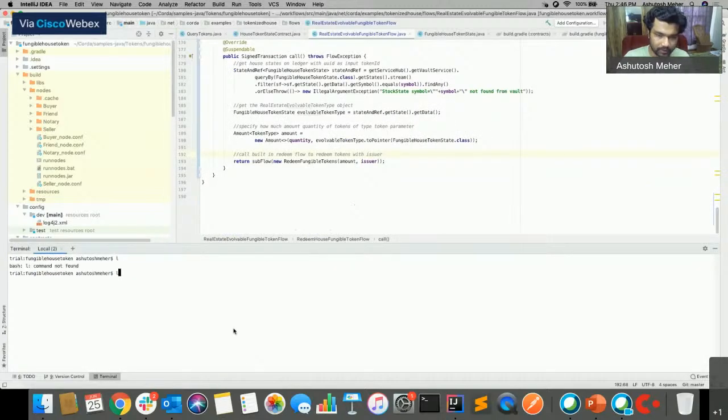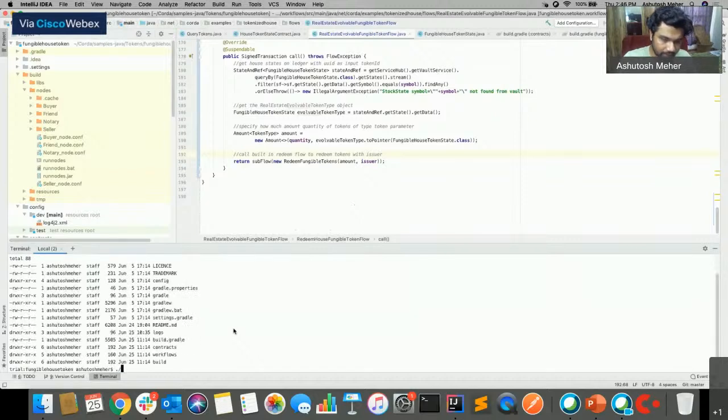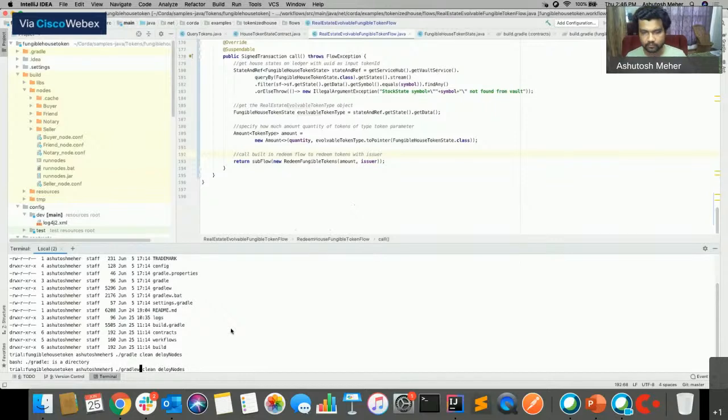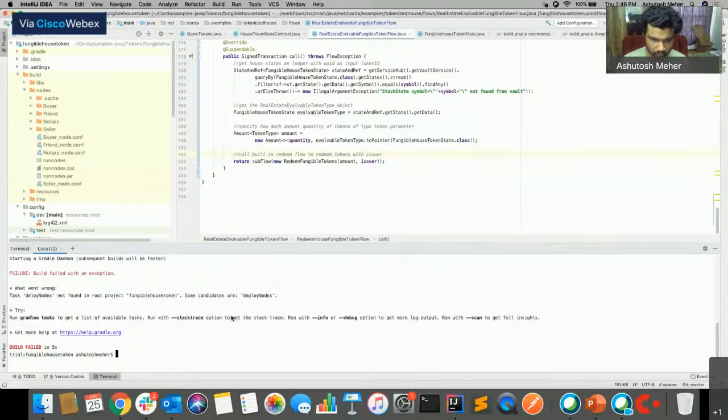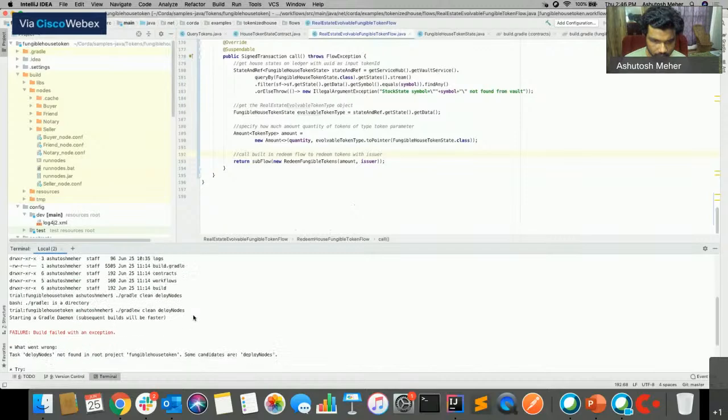So let me just build this. To do that, all I have to do is gradlew deploy nodes. Oh, missed a w there. It just takes a few seconds to deploy, or oh, there's been a problem.